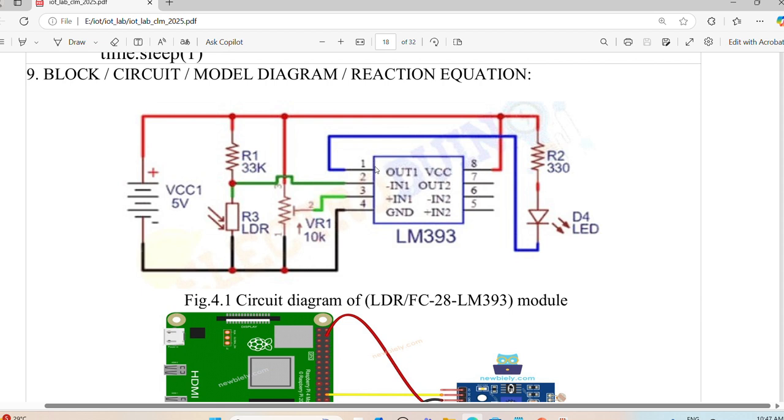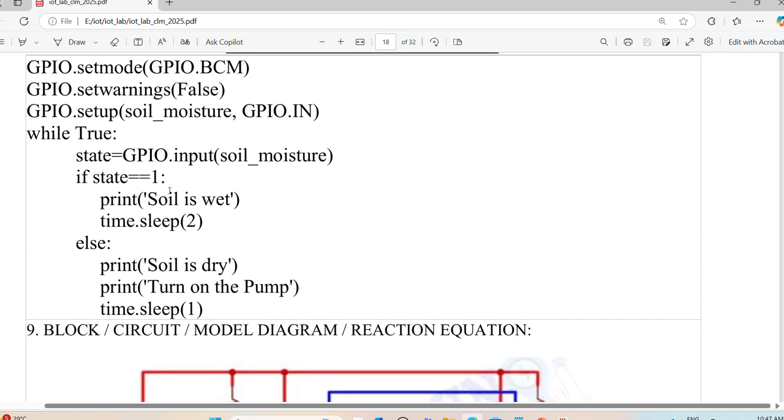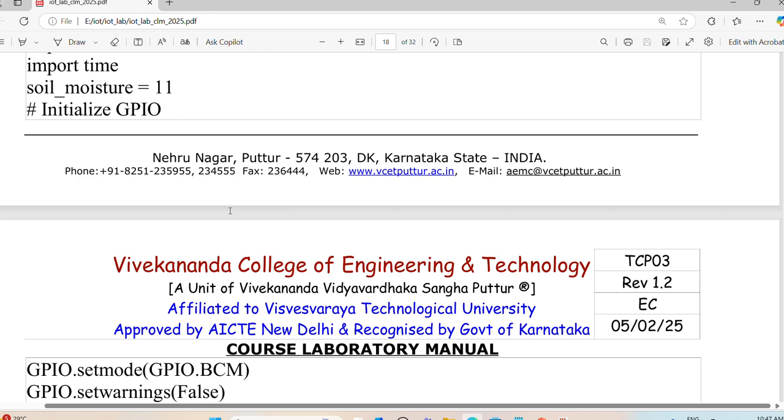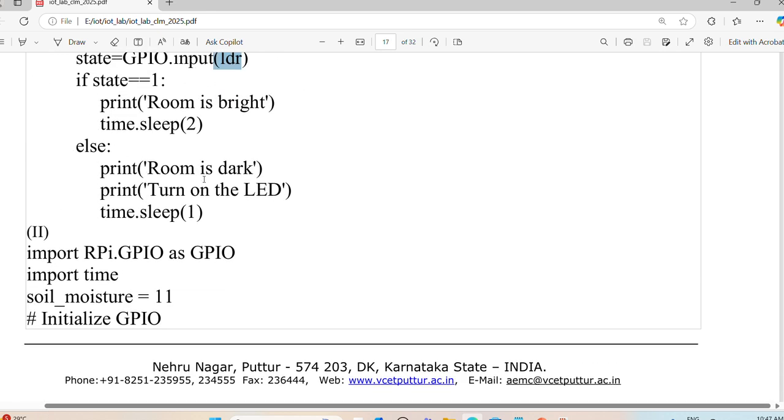Using open collector mode, that is negated, so you get 0. If you get 0, then we say the room is dark, otherwise we say the room is bright. That's the logic happening.